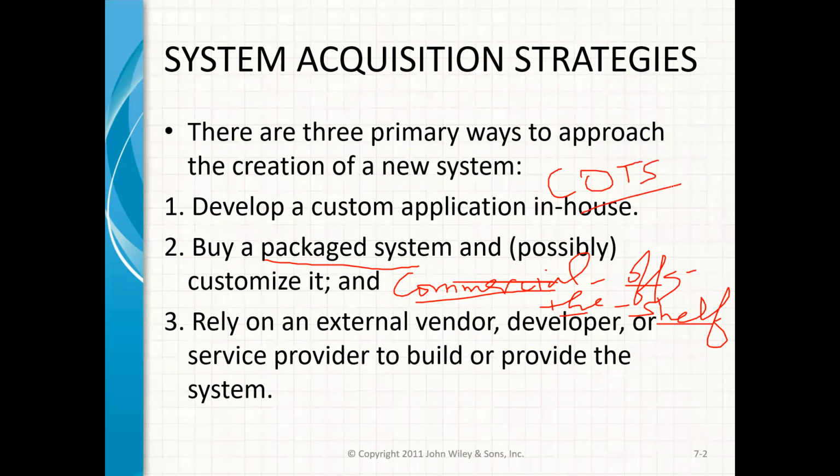If you go and buy something like Microsoft Word, this is a commercial off the shelf. The product exists and it's available on the market. What you do is simply buy it and customize it. Sometimes you use it without customization, and it's much cheaper than developing something from scratch.